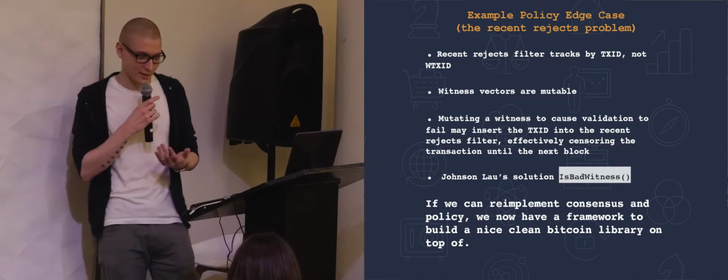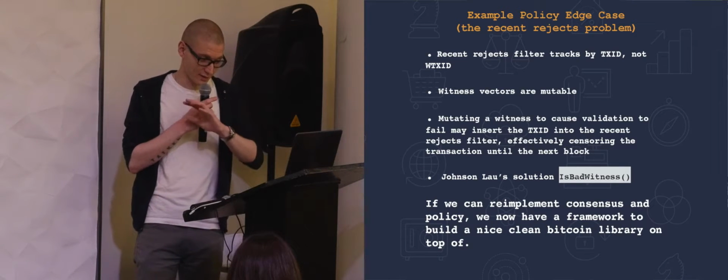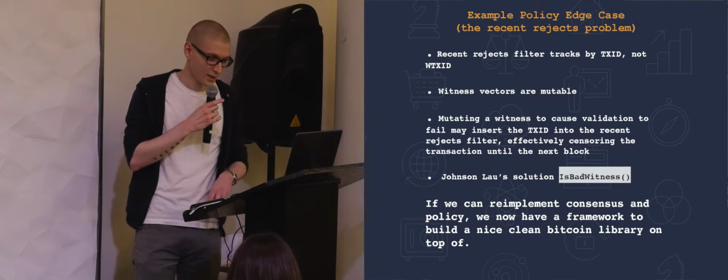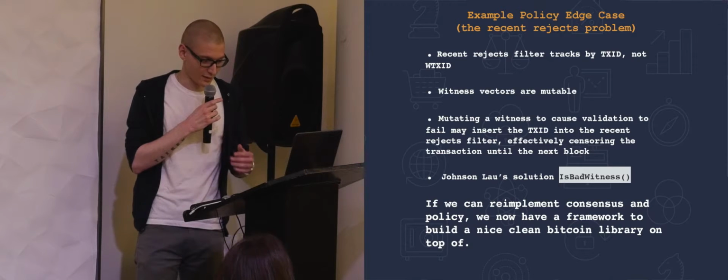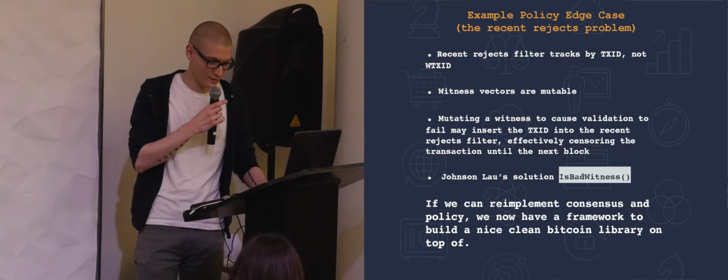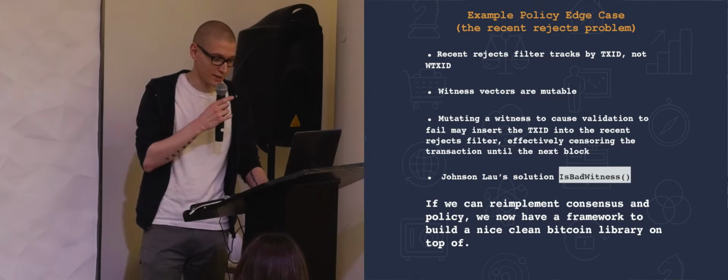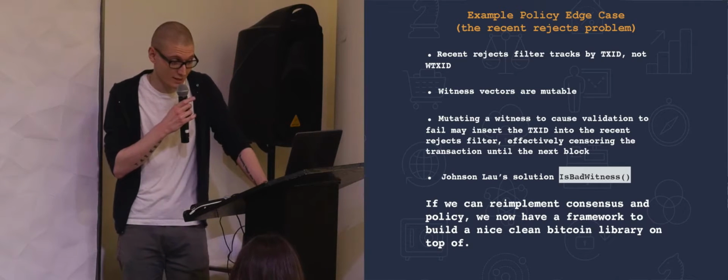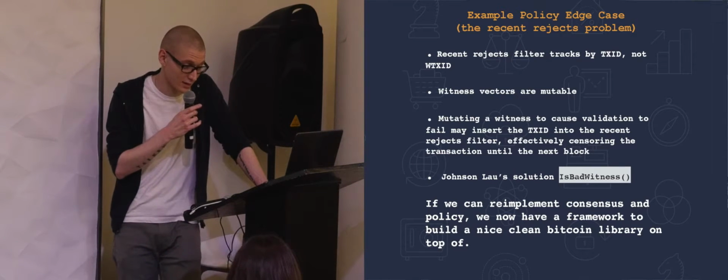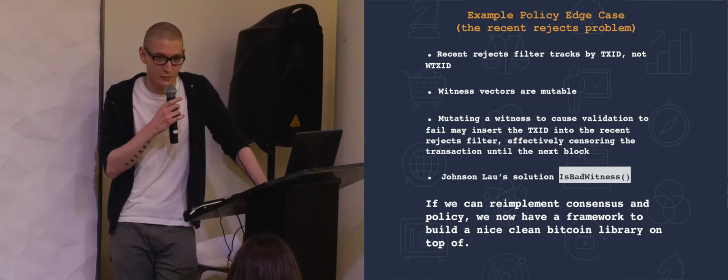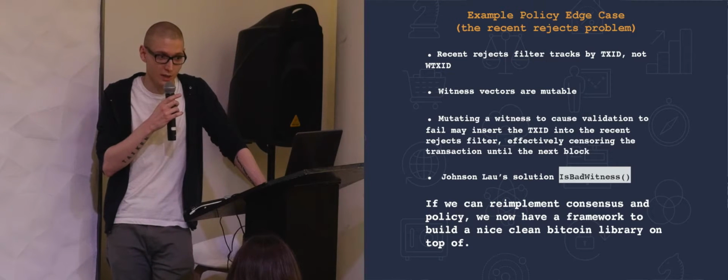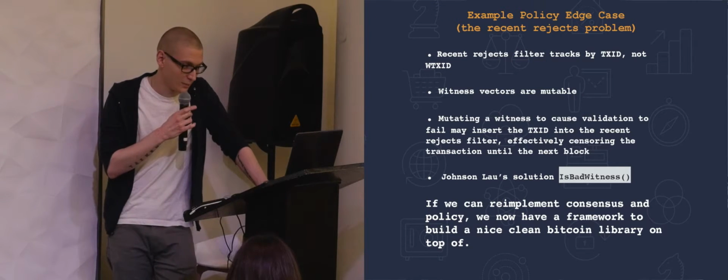It's a whole bunch of nonsense, and it's a whole bunch of work, and it's a lot of things you need to focus on getting right. But you know, if we can do all of this, if we can get past this and re-implement consensus and policy, we now have a framework to actually build a good Bitcoin library on top of.